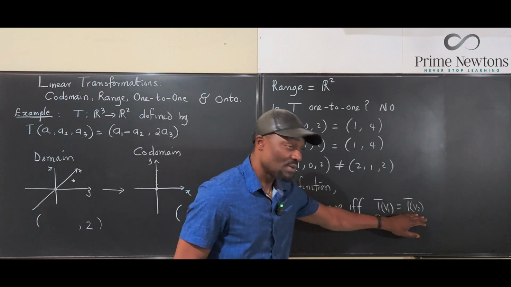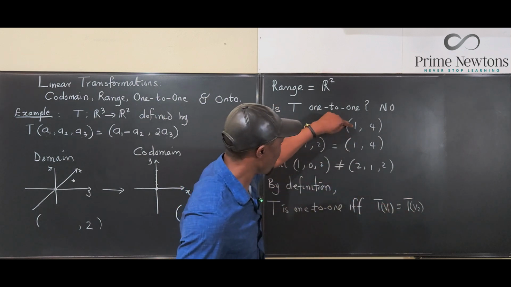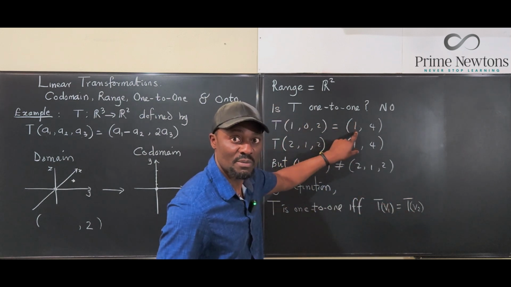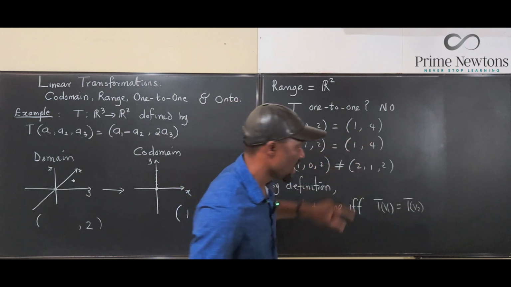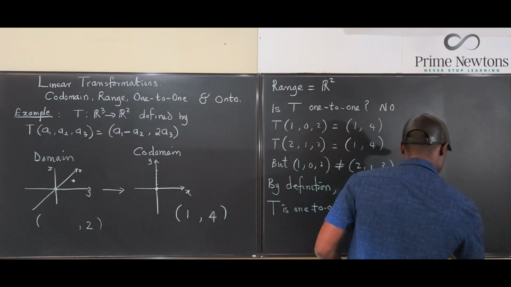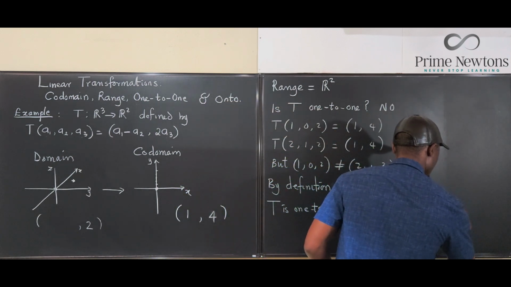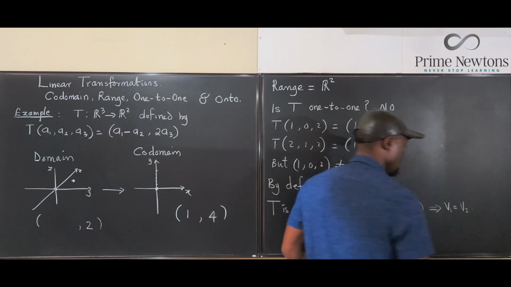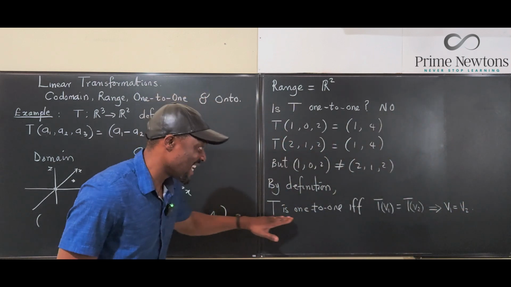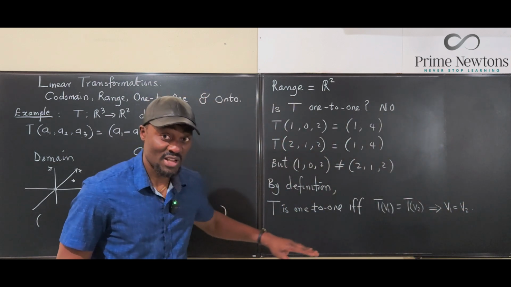If these two are the same, just as we have these two are the same, the linear transformations, then it implies that V1 equals V2. This is the simplest way to present linear transformation.